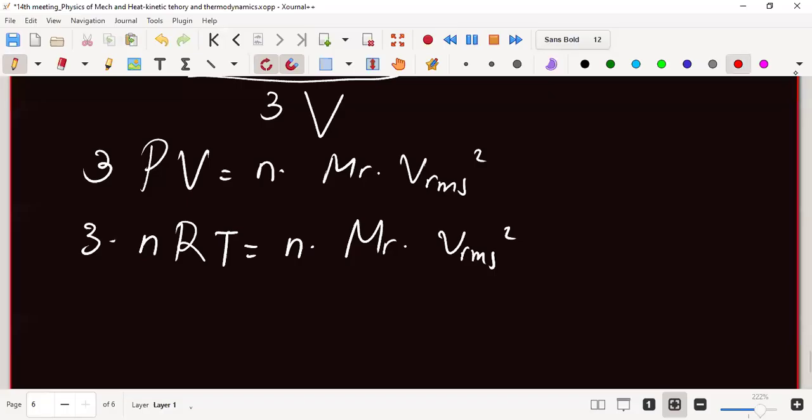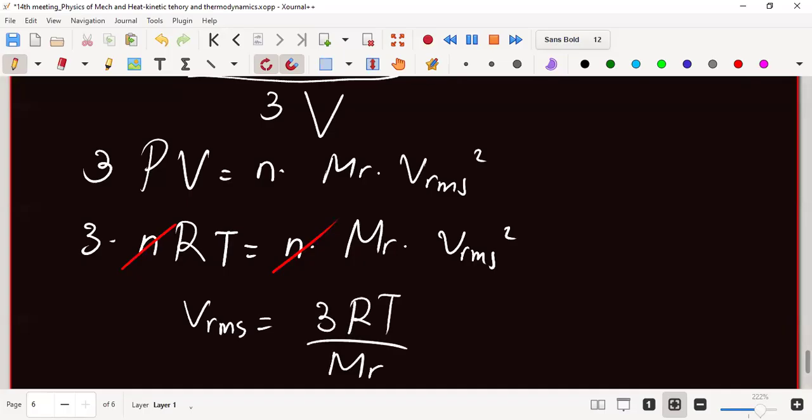We can cancel n, and then we get that VRMS is equal to the square root of 3RT divided by molar mass.